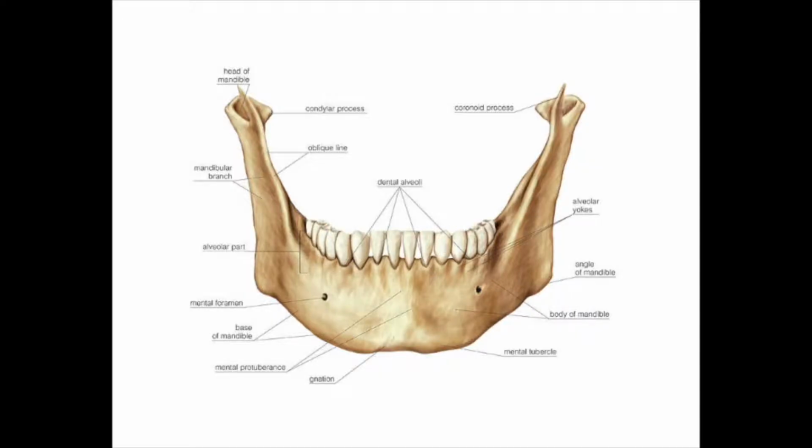Next is the mandible. The mandible is basically the lower jaw. It is attached to the skull by a joint formed between the condylar process and the temporal bone, known as the temporomandibular joint, or the TMJ that everyone knows.